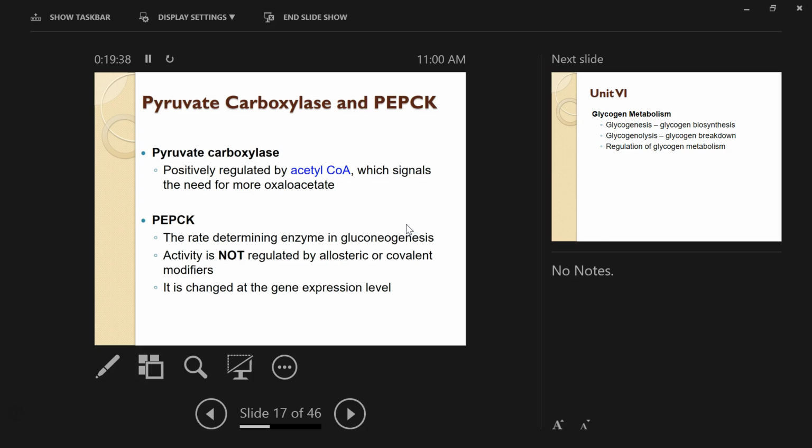And PEP-CK is simply regulated by hormones at the gene expression level, right? And it doesn't involve allosteric or covalent modification regulation, meaning phosphorylation or some other post-translational modification. So again, PEP-CK is simply regulated by hormones at the gene expression level. It can increase or decrease PEP-CK gene expression and change the levels of PEP-CK, right?